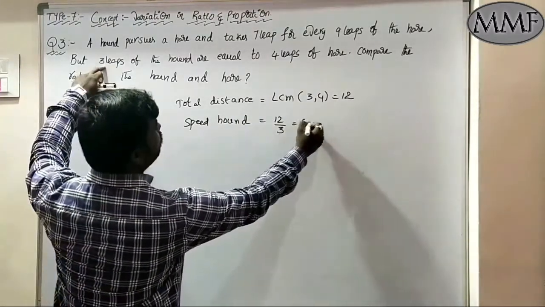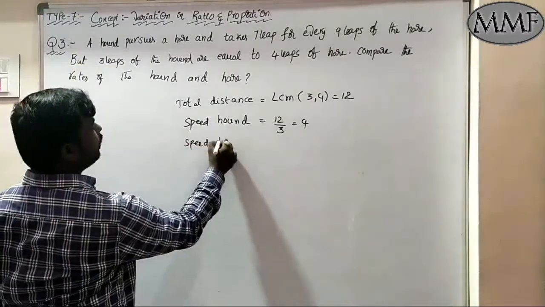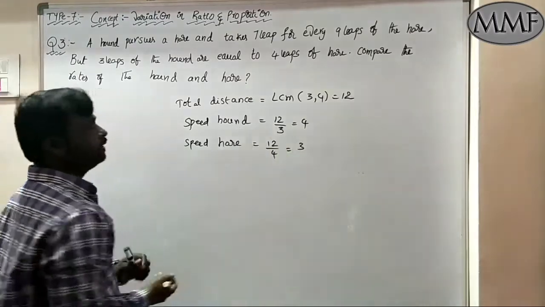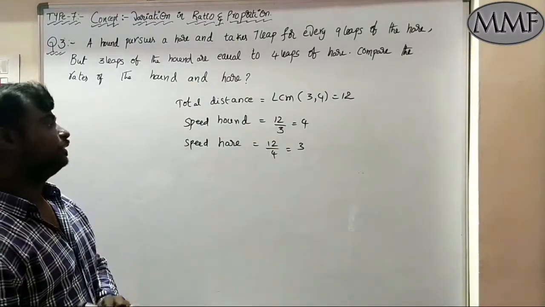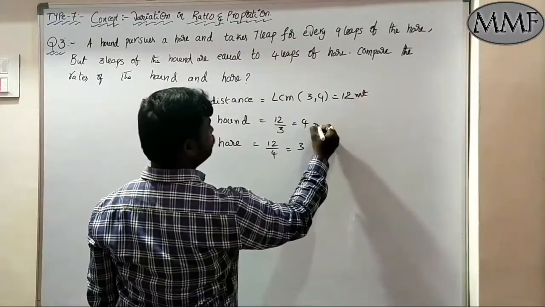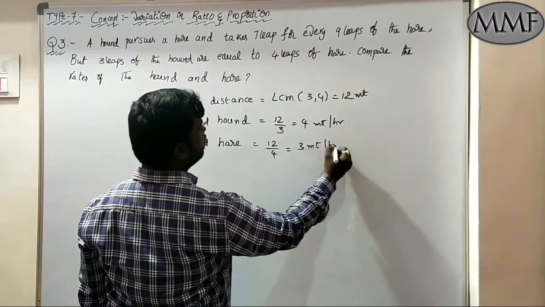How much? 4 meters per hour. Then speed of the hare, how much? 12 divided by 4, how much? 3 meters per hour. So this is, let's say, 12 meters, and it is 4 meters per hour, and this is 3 meters per hour.